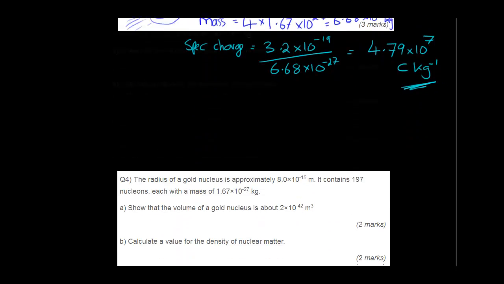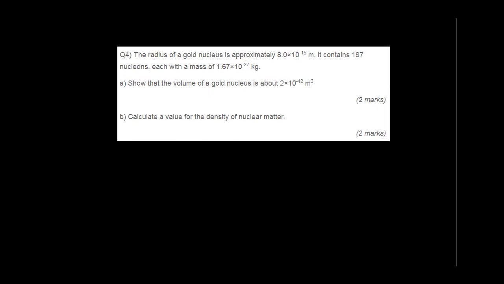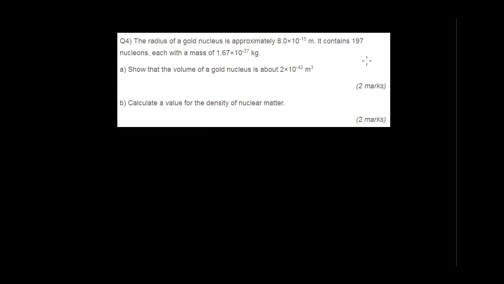Okay, moving on. Question 4. Slightly different question this. It's about density and mass and radius. So we've got a gold nucleus, and that's its radius, so we can put R equals.